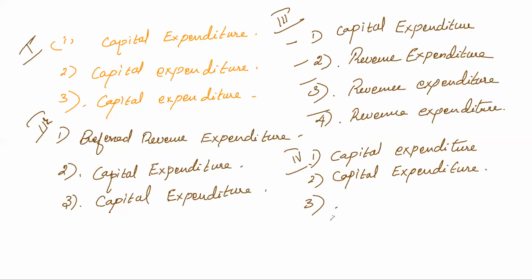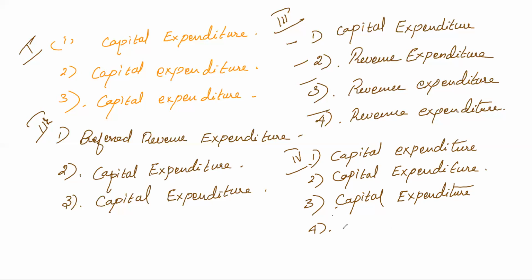Then rupees 10,000 was spent on painting the new factory. We are painting the new factory, so we will get some income from it. So capital expenditure. Okay, then fourth one, freight and cartage of the new machine 150, erection charges 200.